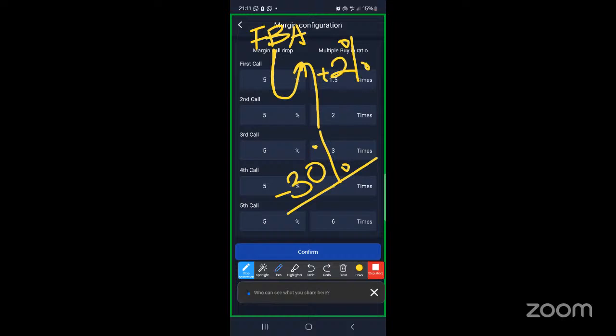I don't know if you are getting what I'm saying. This is you being smart. Give me a yes if you understand. I have seen that the coin is going to potentially go down by negative 30.